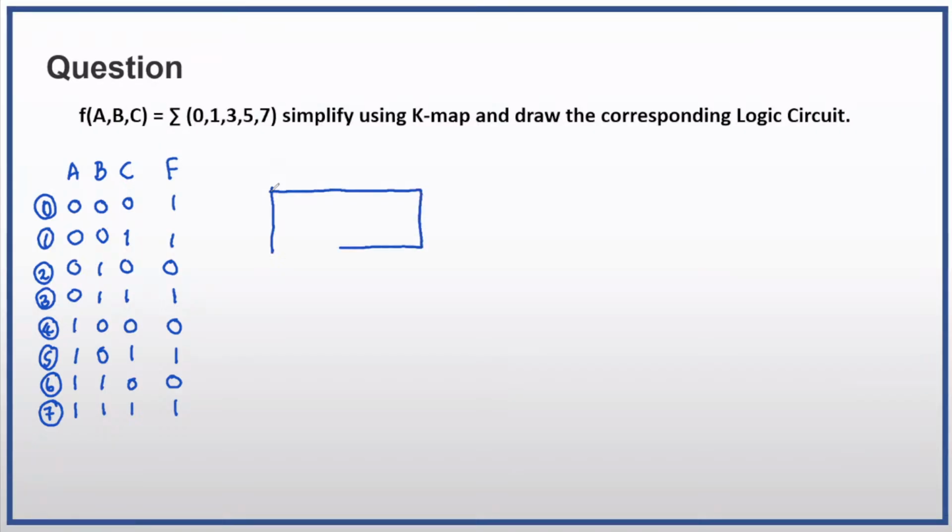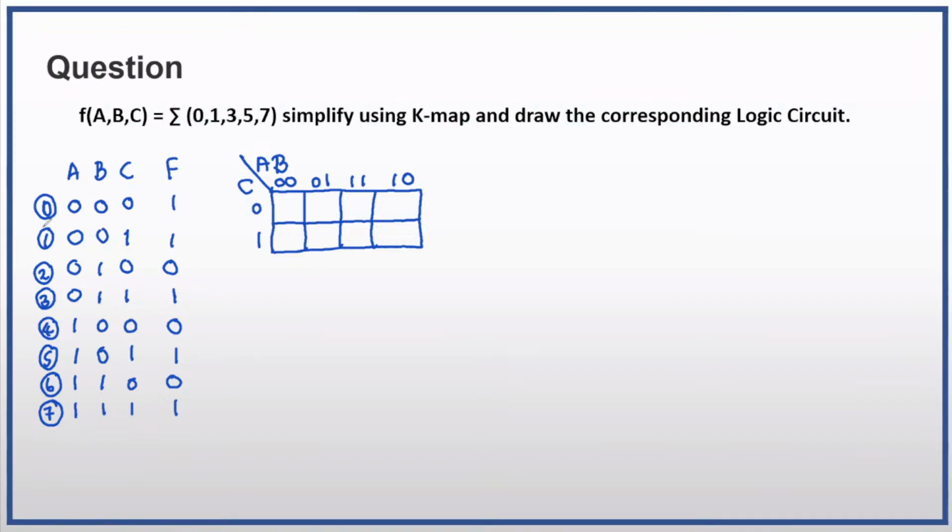The Karnaugh map should have eight cells. Here I use AB and here C. So let's take 00, 01, 11, and 10. Here 0 and 1.